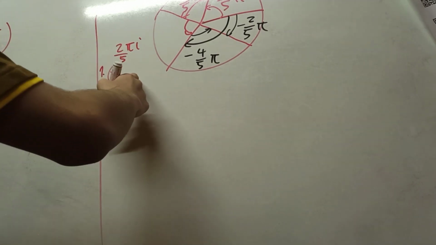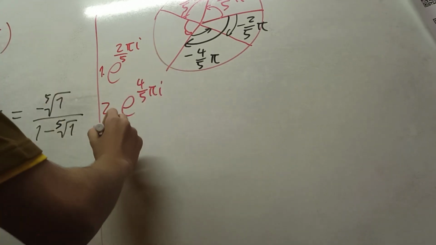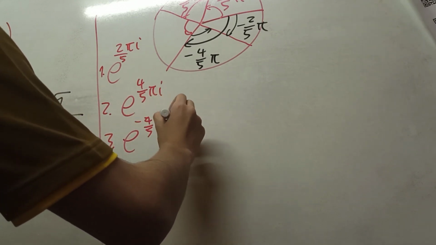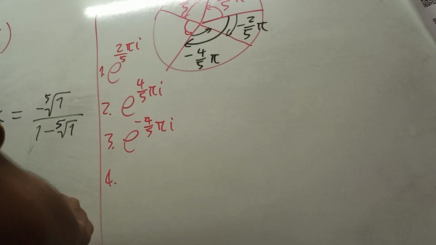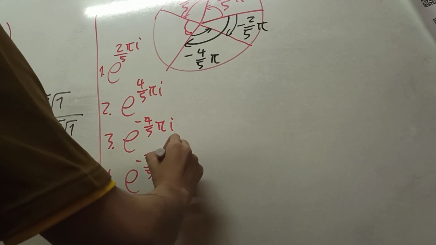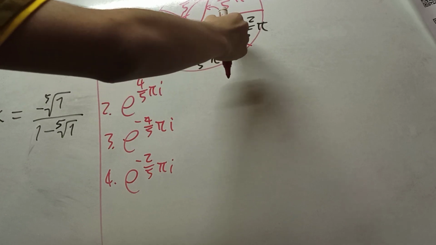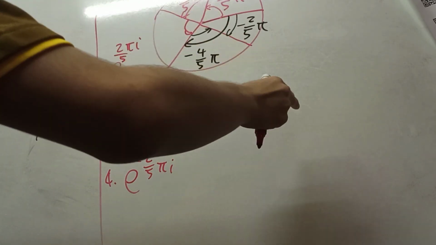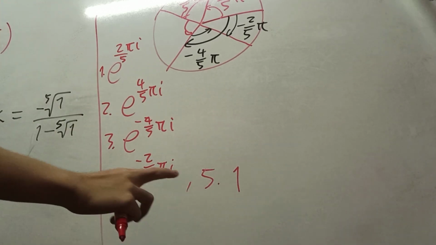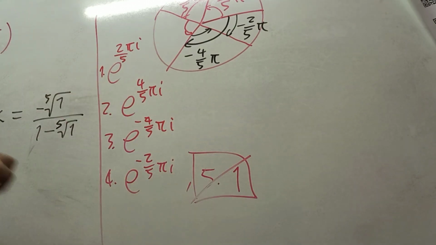We have 2, which is e to the 4 over 5 pi i. 3, which is e to the minus 4 over 5 pi i. 4, which is e to the minus 2 over 5 pi i. And lastly, we add 2 over 5 pi to this, which, 2 over 5 pi minus 2 over 5 pi is 0. And e to the 0 is just 1. However, 1 in this case does not work in this solution. So we can just cancel that out, and these are the 4.